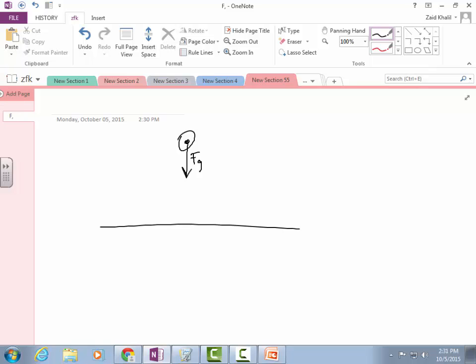Then we write Newton's second law. And Newton's second law says what? The net force is equal to mass times the acceleration. And now we need to figure out what we're going to call up and what we're going to call down. What direction do you want to call up?